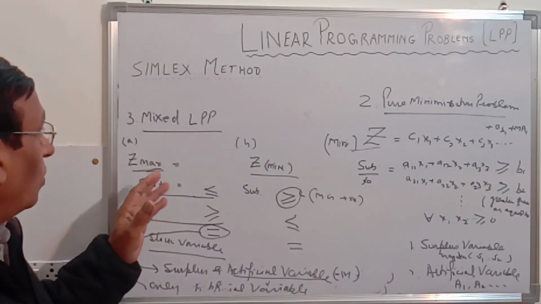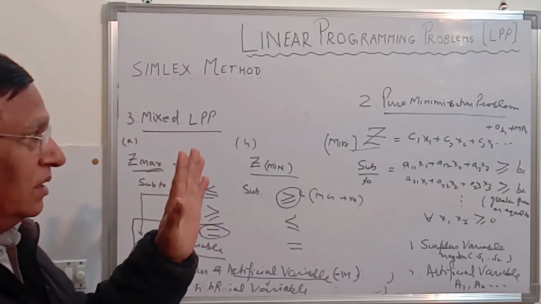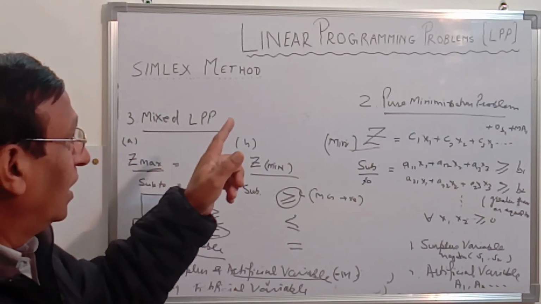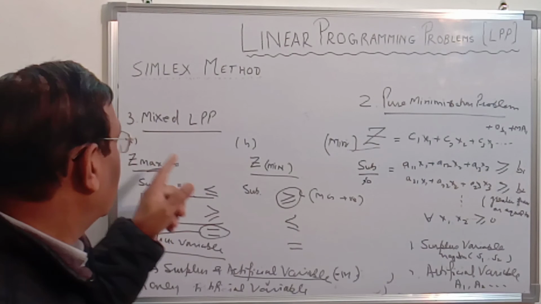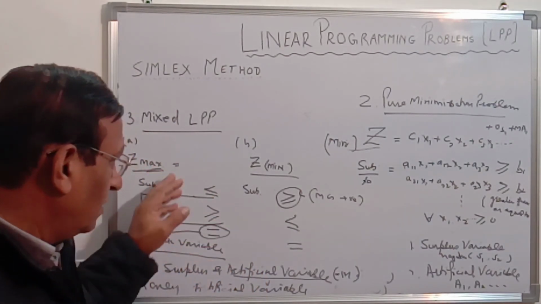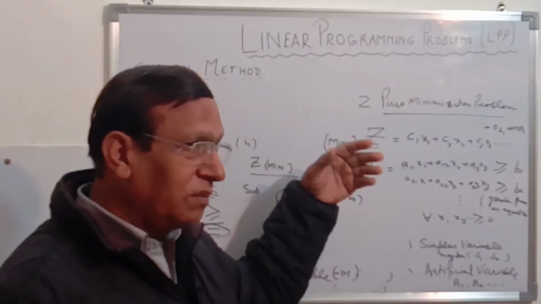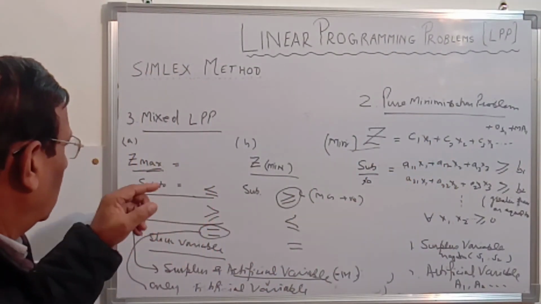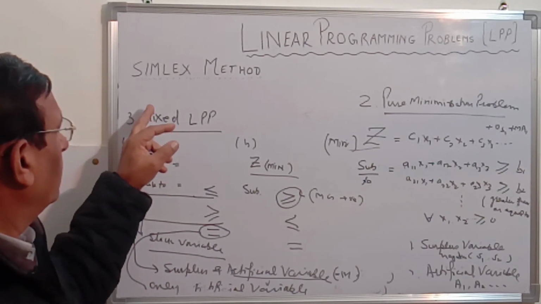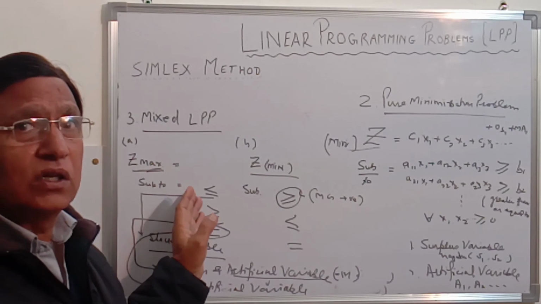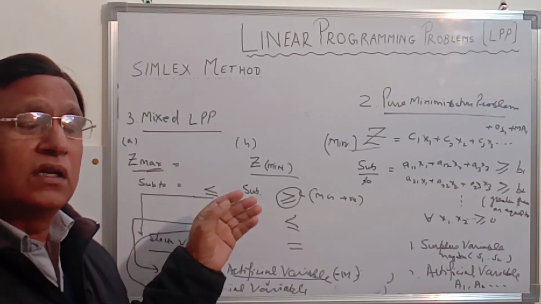So I will be taking up 4 numericals. One is pure maximization, second pure minimization, third and fourth mixed. One is Z maximum with mixed constraints, Z minimum with mixed constraints. Sometimes like this also: Z is maximization, but all constraints are greater than instead of less than.